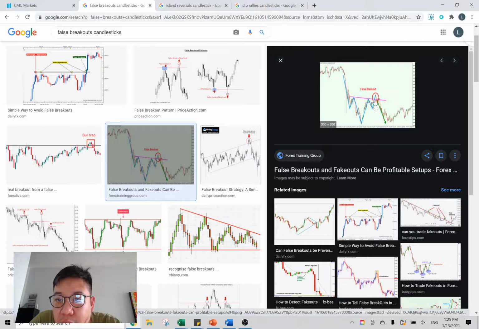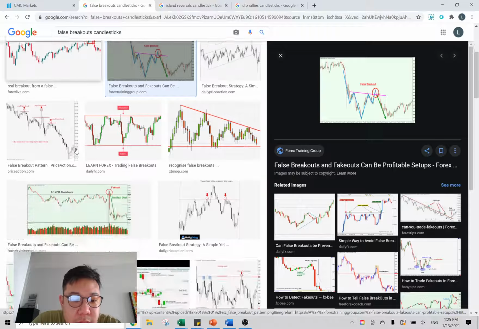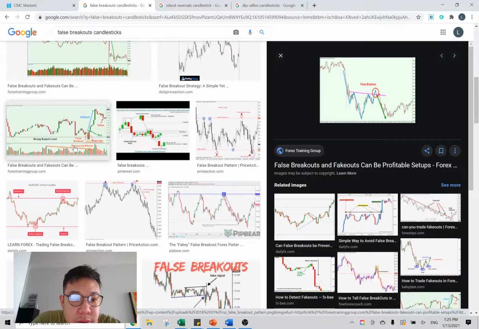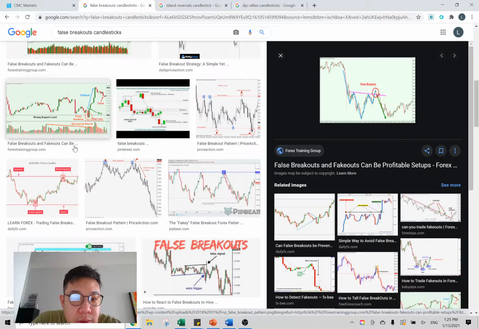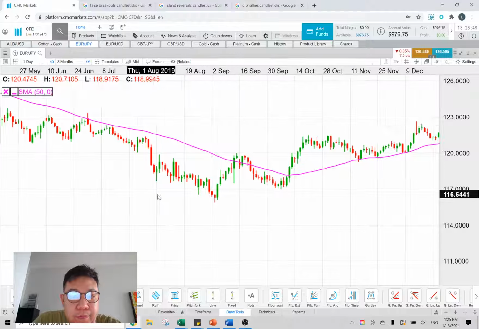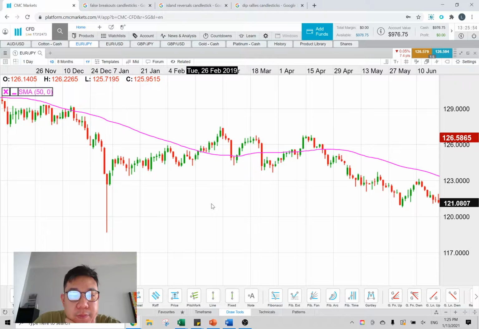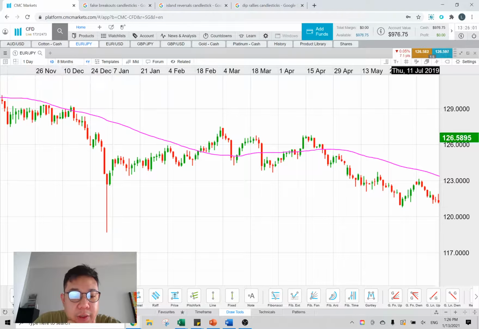Okay, it's a bit small over here, but the idea is that price actually went up, and then after that, no, this one is not a good example. Let me see. Okay, never mind. I'll use real charts to show you, it's easier. Let's see, false breakout. Okay, that's a good one.